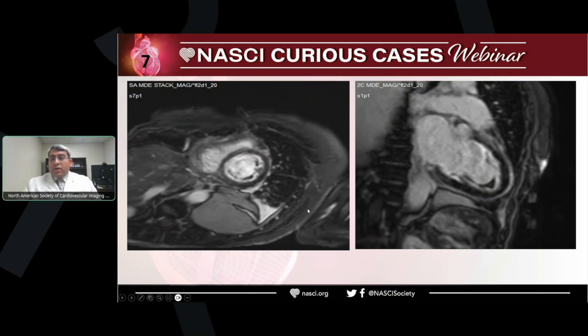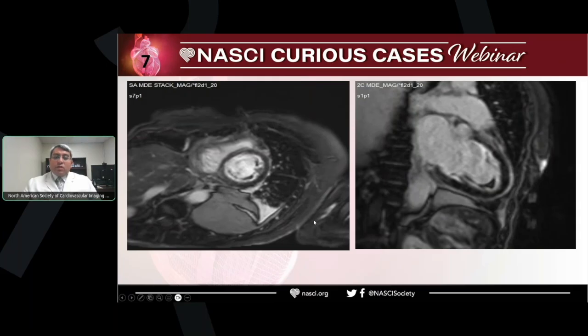I'm not sure. These are not SPIR images. So maybe some fluid, or maybe some fat, although I see some fat suppression here. So probably we're talking about either fluid or enhancement. Could be enhancement, yes.